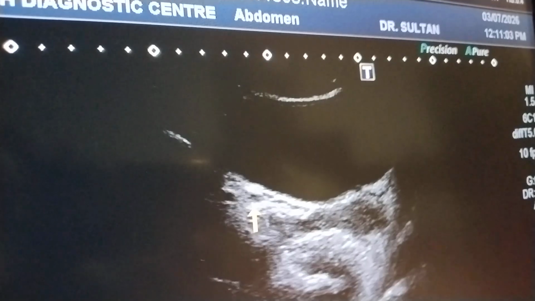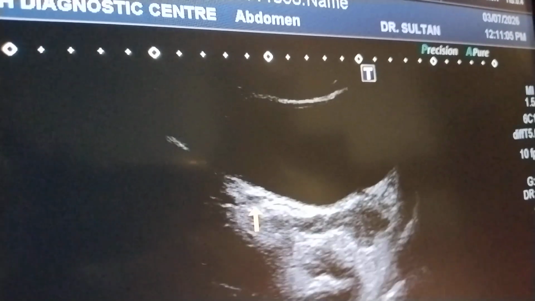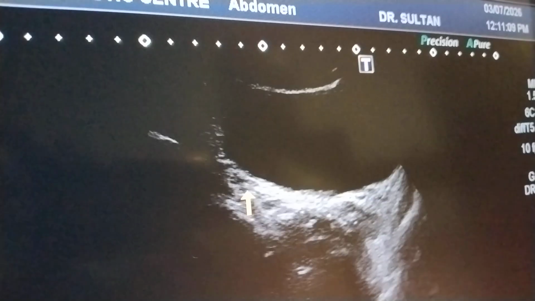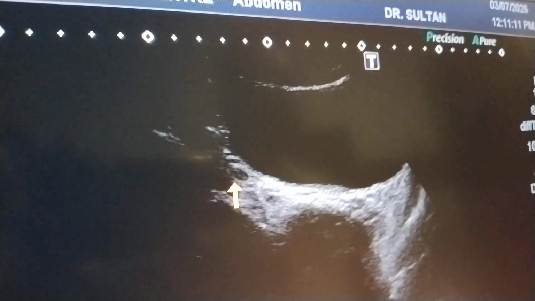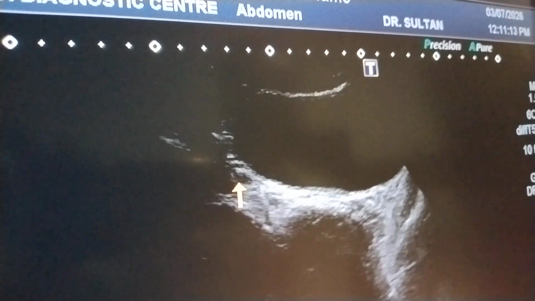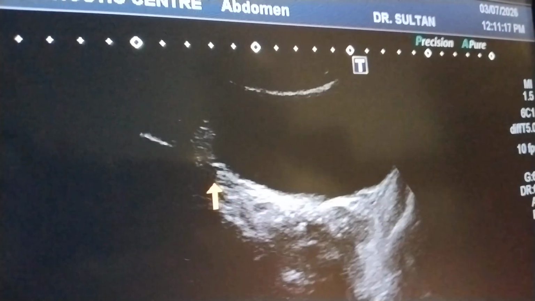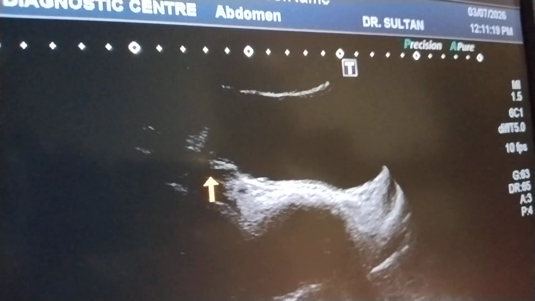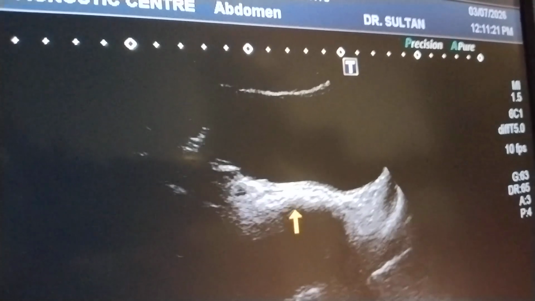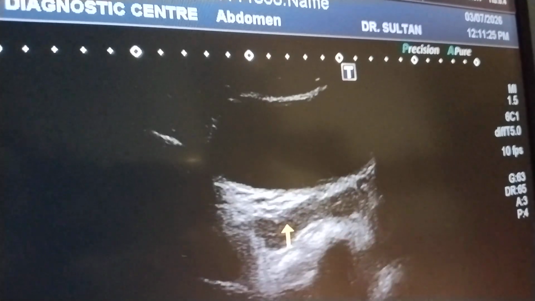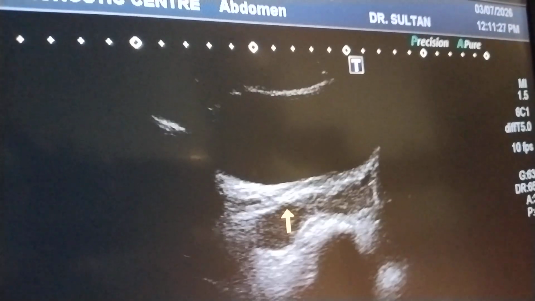Also give graded compression so that the bowel loop gases are displaced. Bladder should be optimally full. We can appreciate this up to this level until the rectum is on the screen.